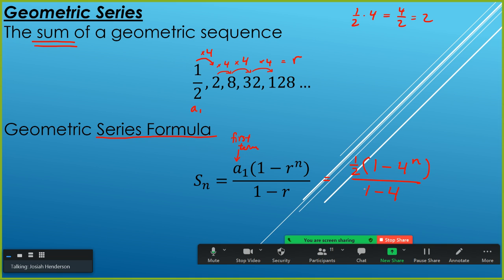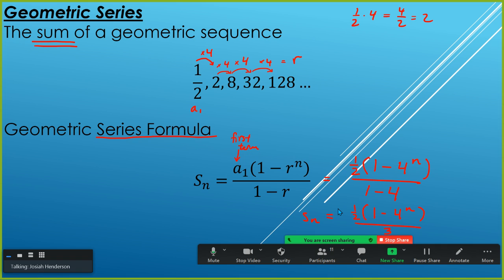We can simplify this bottom part at least. We can say 1 minus 4, that's 3. Okay. And then we could use this to find the sum of all the numbers in the list up to the nth number, wherever we want to stop it at.